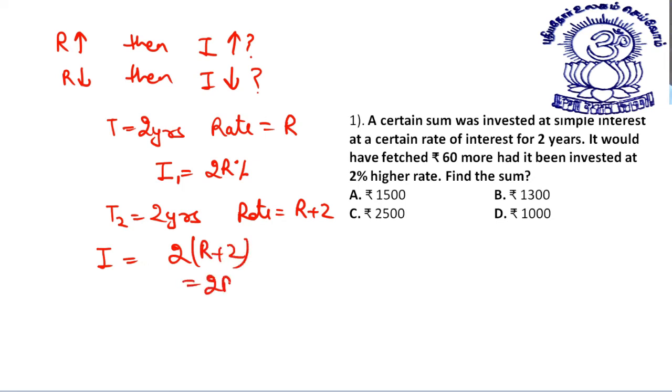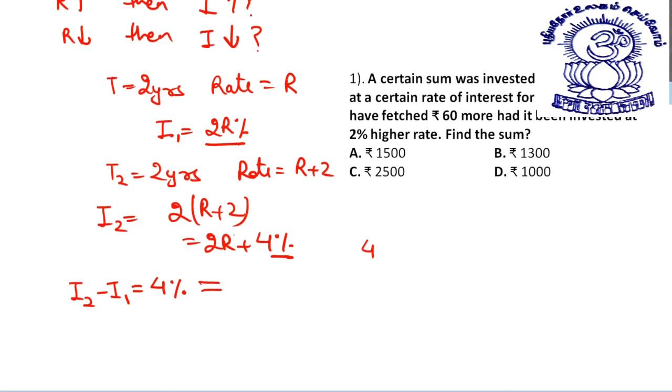That will be 2R plus 4%. This is 2R%, this is 2R%, this is 4%. So I2 minus I1 is equal to 4%. This 4% is given to us as 60 rupees.